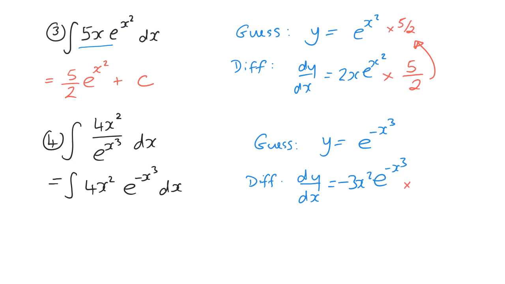So we're going to have to divide by 3 to get rid of the 3, times by 4 to get our 4, and multiply by a minus. So 2 minuses would give you a plus. So then we have to multiply our guess by that. So our actual answer is minus 4 over 3 e to the minus x cubed plus c.